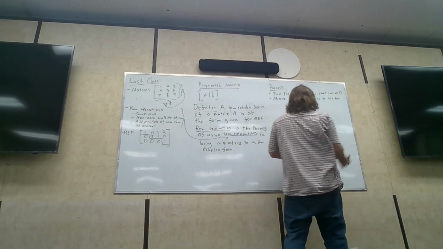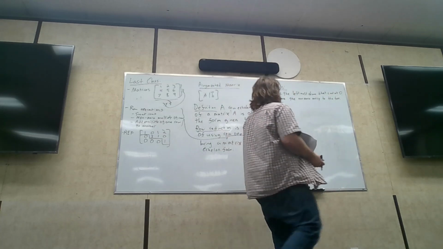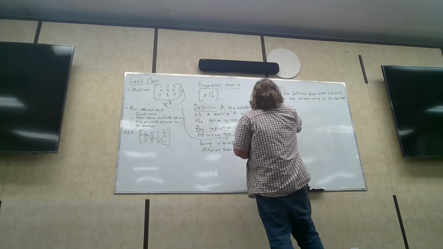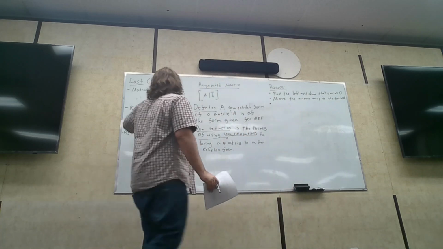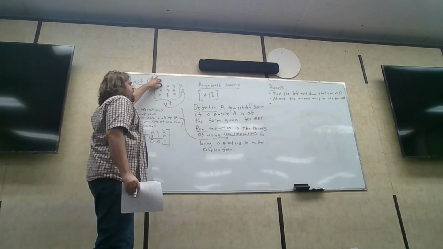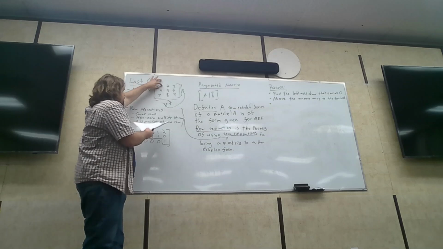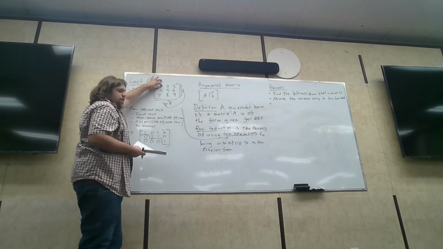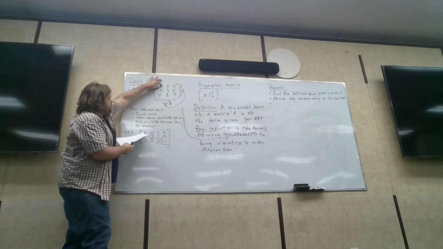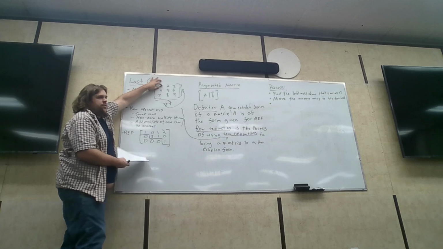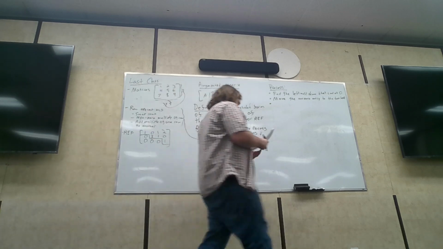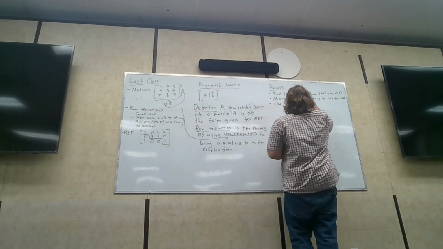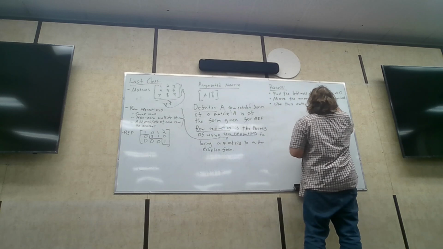So that would probably mean swapping it if it's not already at the top left, let's say. Now, what that means is we have a non-zero entry at the top left. So now we can add a multiple of this row or subtract a multiple of this row to everything below it to make zeros below it, right? Because think about this shape. We want this top left entry to have zeros all below it, right? So we can just do that. Use this entry to create zeros below it.